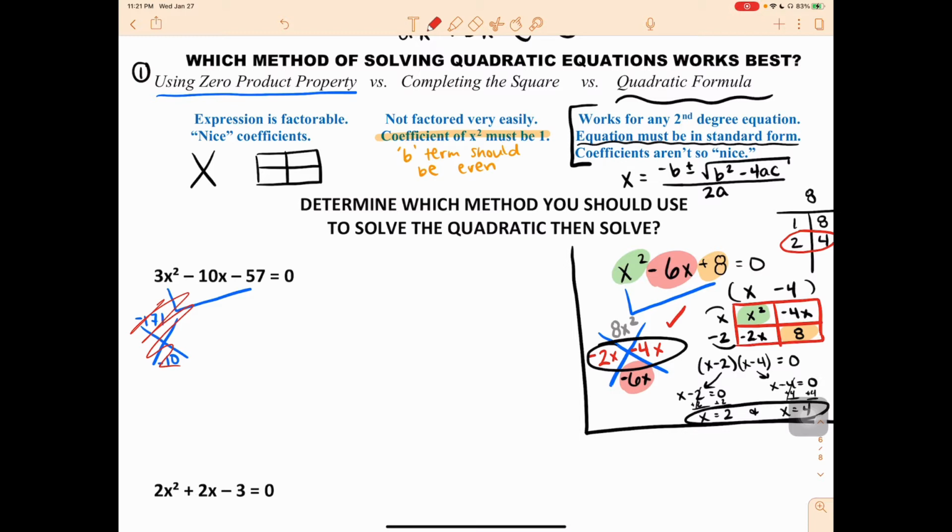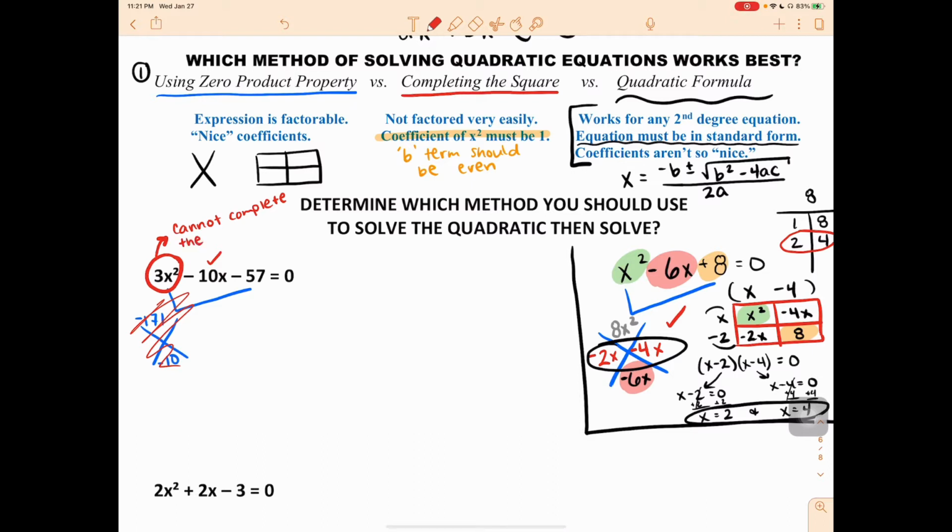So let's look and see, is strategy 2 an option? B is an even term, so that's good. But this 3 tells me I cannot complete the square. It has to be a 1 in front of the x squared. So you might just see it as x squared.